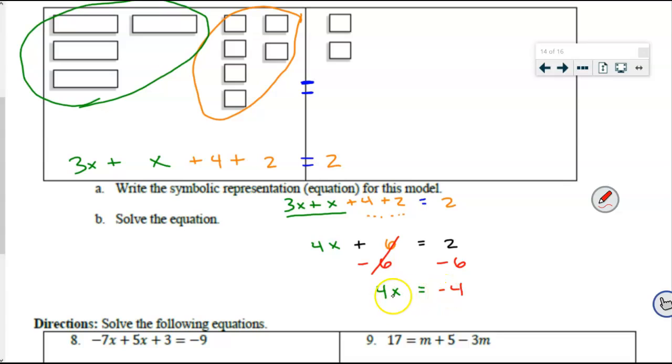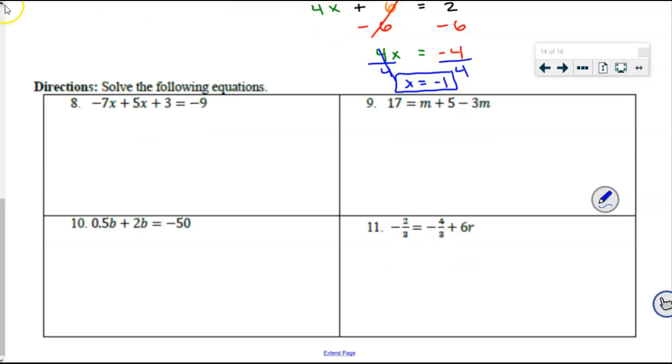And now I undo x being multiplied by 4 by dividing by 4. Balance it, do the same thing to the other side, and we have x is equal to negative 4 divided by 4 is a negative 1. That was easy, right?